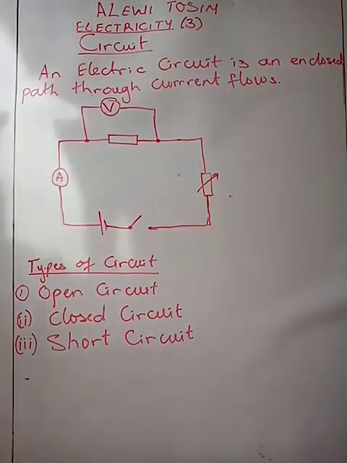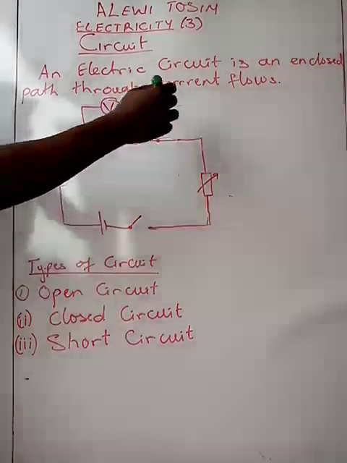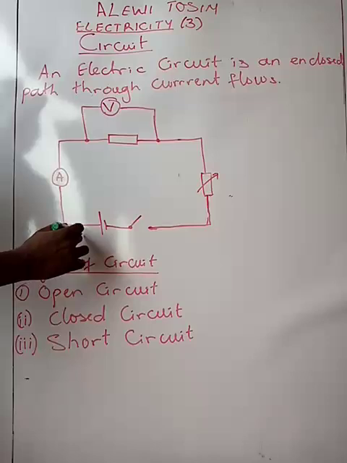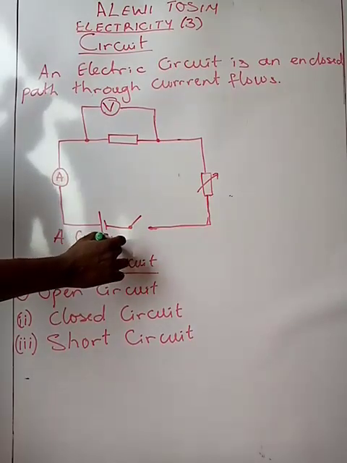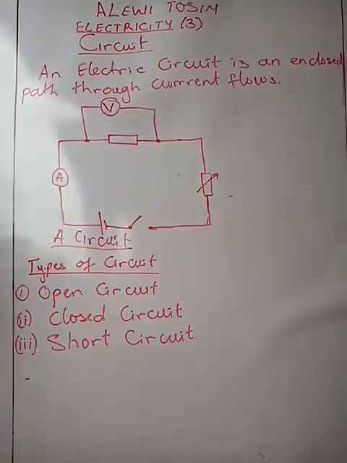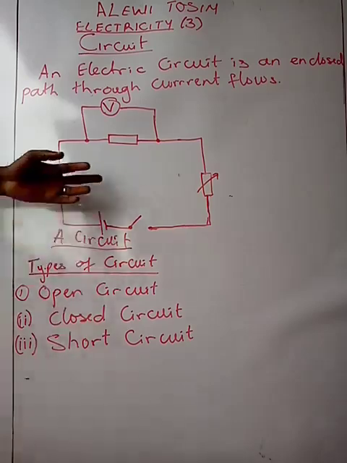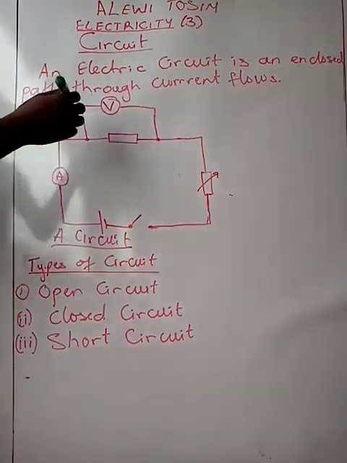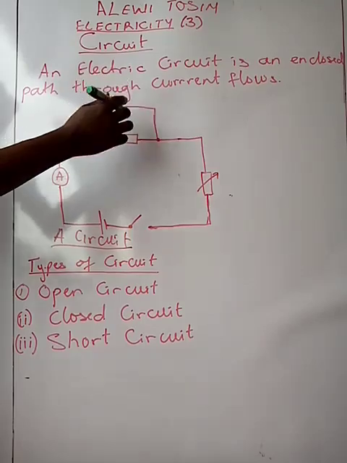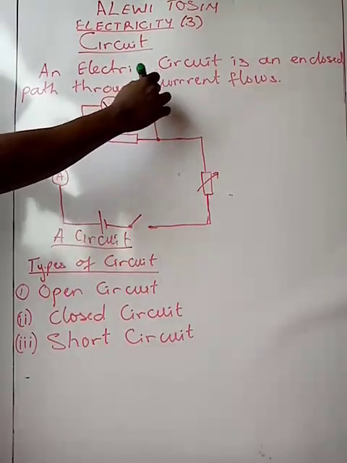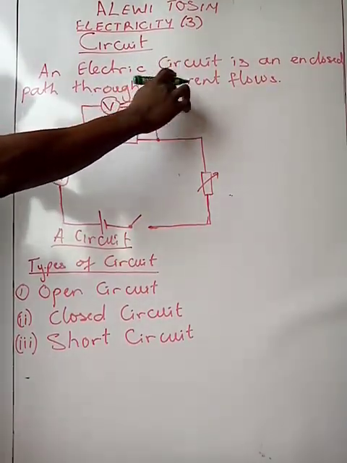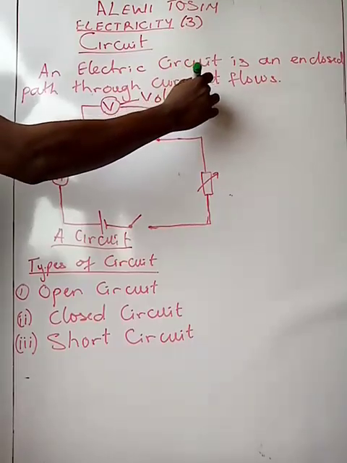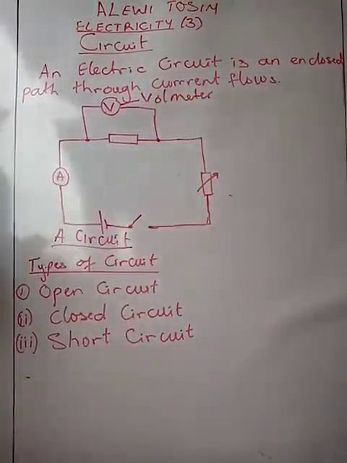This is a typical diagram of a circuit. Now, we have a circuit connection here. Here, we have this as the voltmeter, which is an instrument used for measuring voltage.